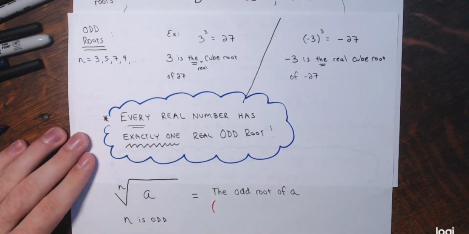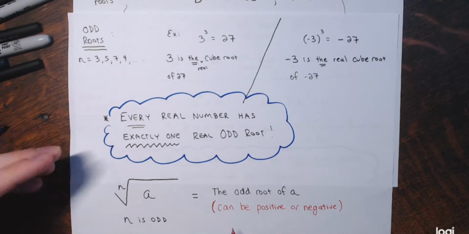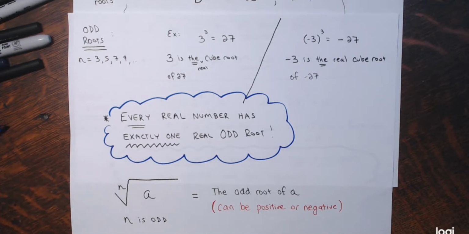It wasn't like the even root symbol. Remember, the even root symbol, the result couldn't be negative. But the odd root, you see a cube root, a 5th root, a 7th root, a 9th root, this can be positive or negative, or 0, but I'm not going to mention that. Hopefully you understand that the cube root of 0 would be 0. Right? But this can be positive or negative, because there's only one. You don't have to worry about choosing which one.